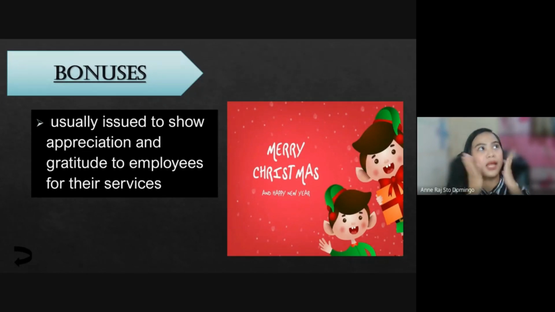Or minsan naman, bonus din kapag kalimbawa naka 5 years ka na, magkakaroon ka na ng loyalty, service, award, or may pa-bonus ang mga kumpanya. Yan yung masarap sa pagiging employee or nagtatrabaho. Kasi madami kang aabangan ng mga pabonus kay Mayor.